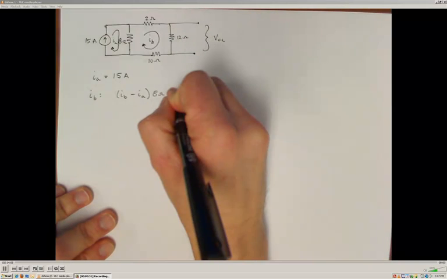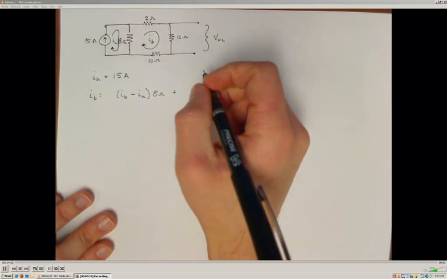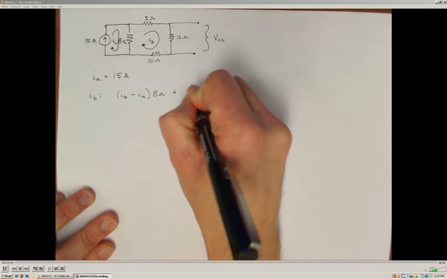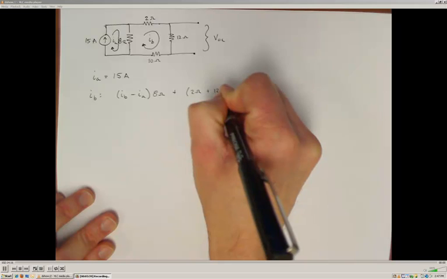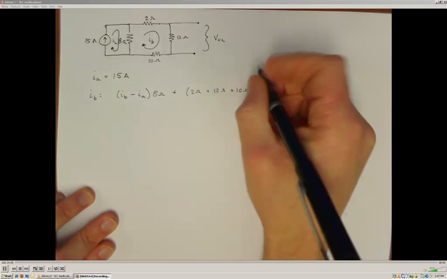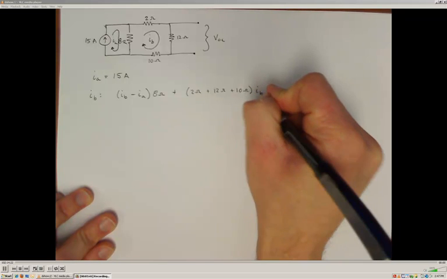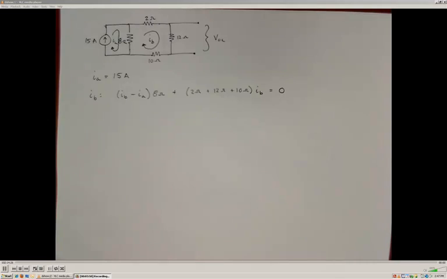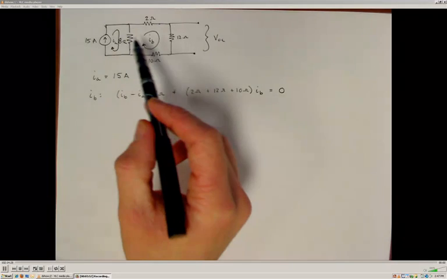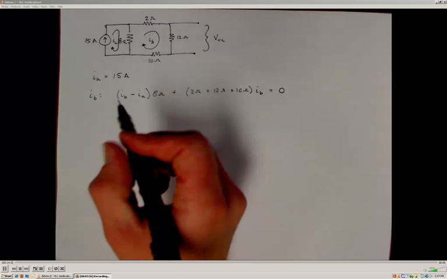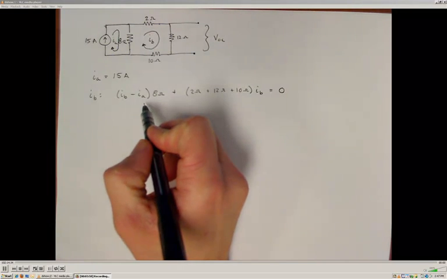So the potential developed across all of those is going to be the sum of the 2 ohm resistor plus the 12 ohm resistor plus the 10 ohm resistor, all of that multiplied by IB. It has to sum to 0 volts because there's no external voltage supply in this mesh. I can go ahead and substitute my 15 amps in here.